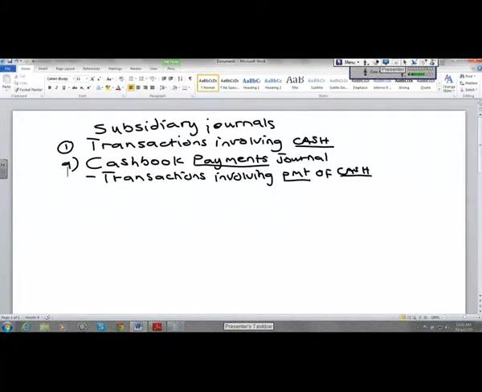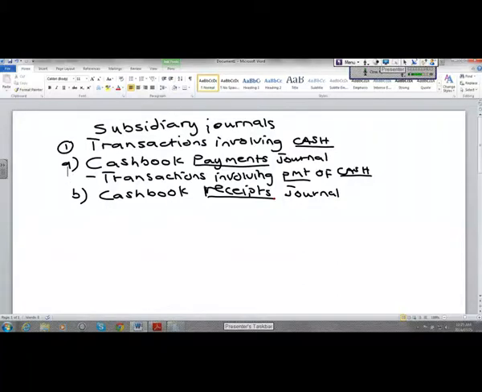And the second book that we have is the Cashbook Receipts Journal. Already you can see by the keyword that we are dealing with receipts. Whereas in the first category we're dealing with payments, in the second book we're dealing with receipts.